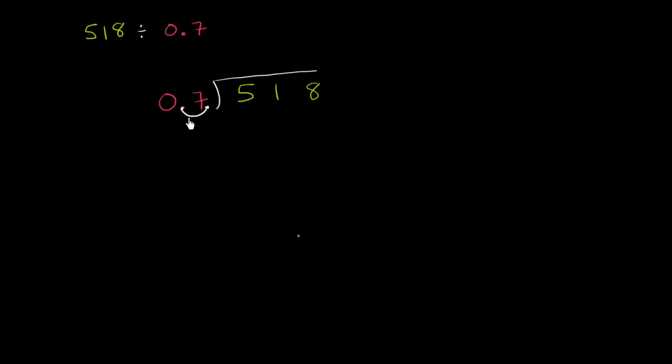So if we move the decimal over to the right with the 0.7 to turn it into a 7, we also need to move the decimal over to the right for 518. Now you're probably saying, I don't see a decimal in 518. Well, there is one. You just didn't have to write it because it's 518.00, and we can add as many zeros as we want. So if we move the decimal to the right, it becomes 5,180.